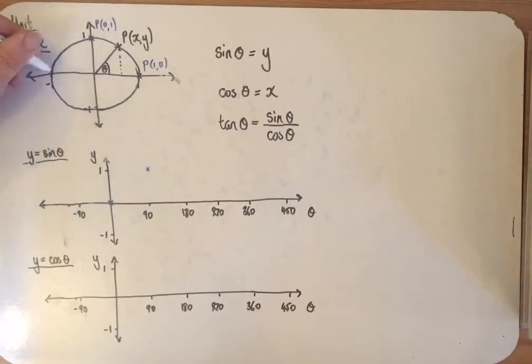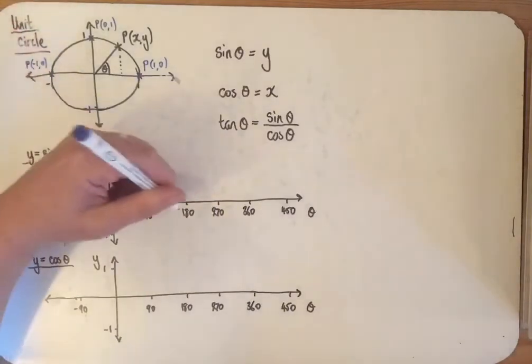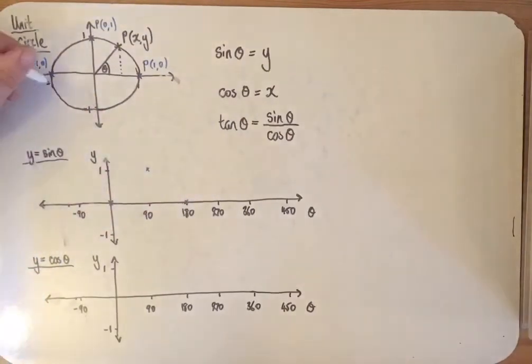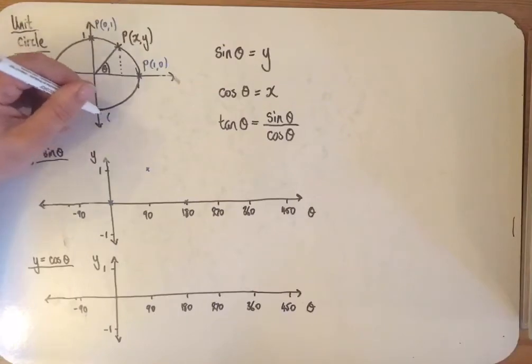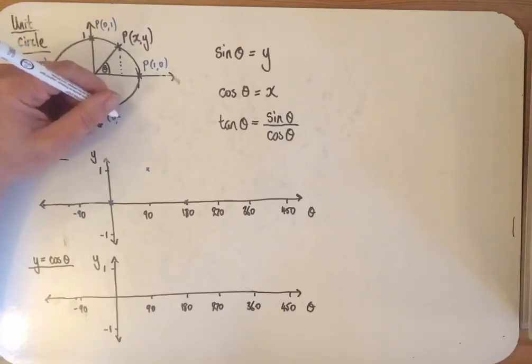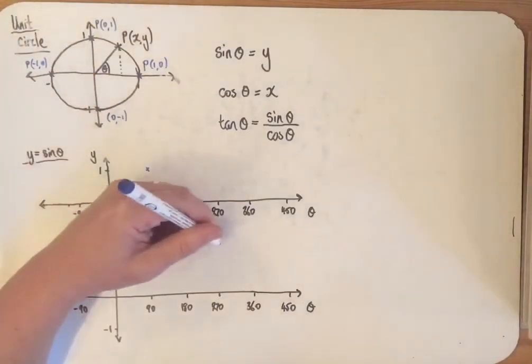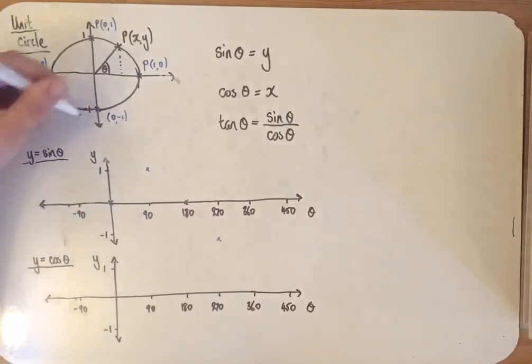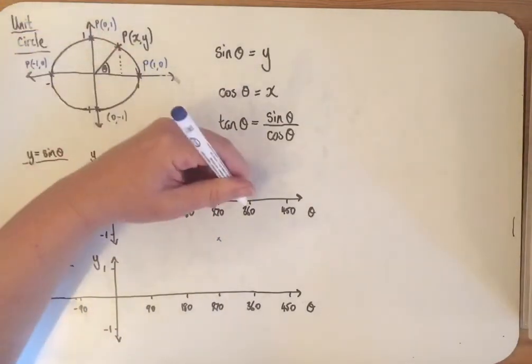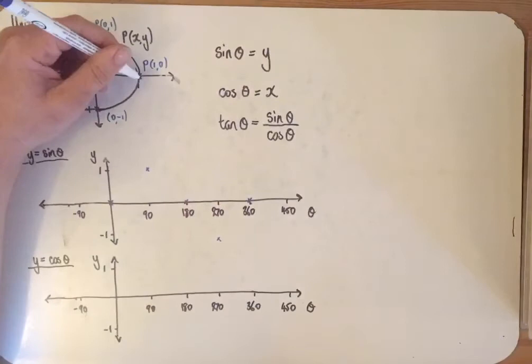Back round to 180 degrees. And now the y coordinate is equal to 0. At 270, the y coordinate is minus 1. And then we're back to 360, where the y coordinate is 0.